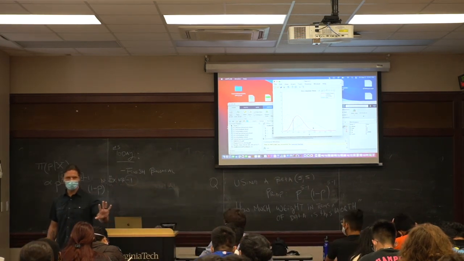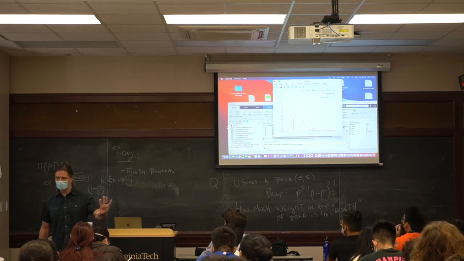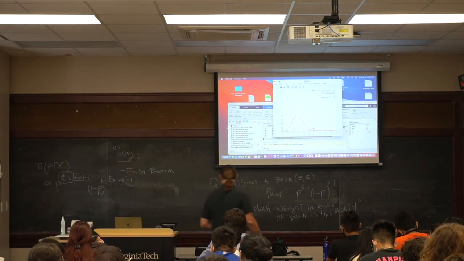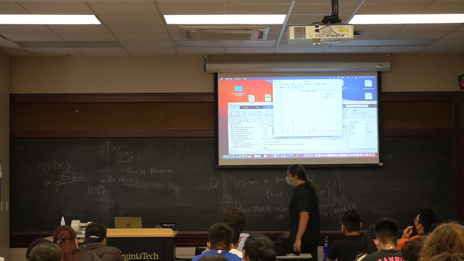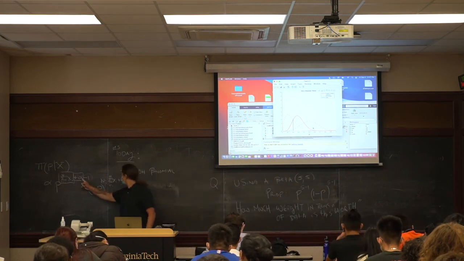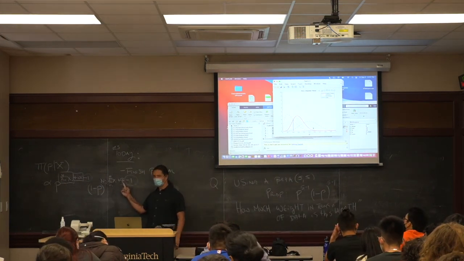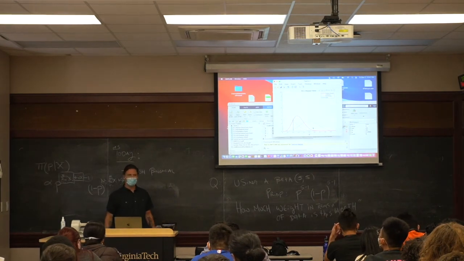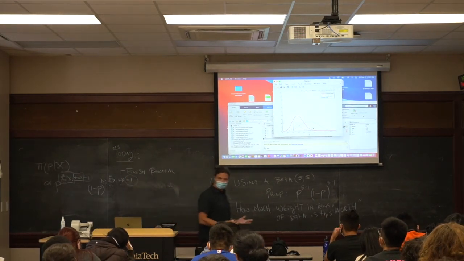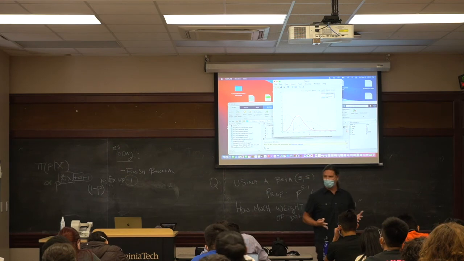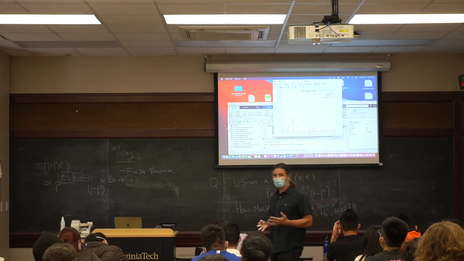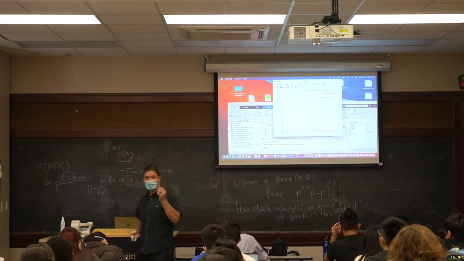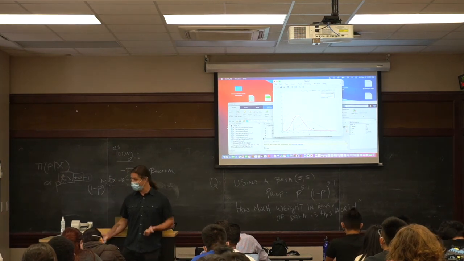It's worth like 5 successes. So this alpha is acting like 5 successes, and this is acting like 5 failures. So the prior is acting like 10 data points that say I flipped the coin and saw an equal number of heads and tails.